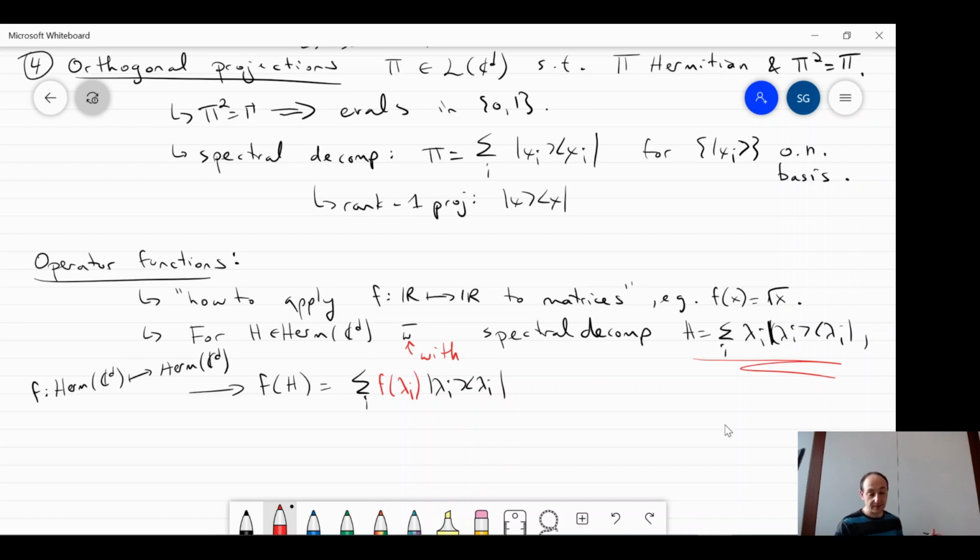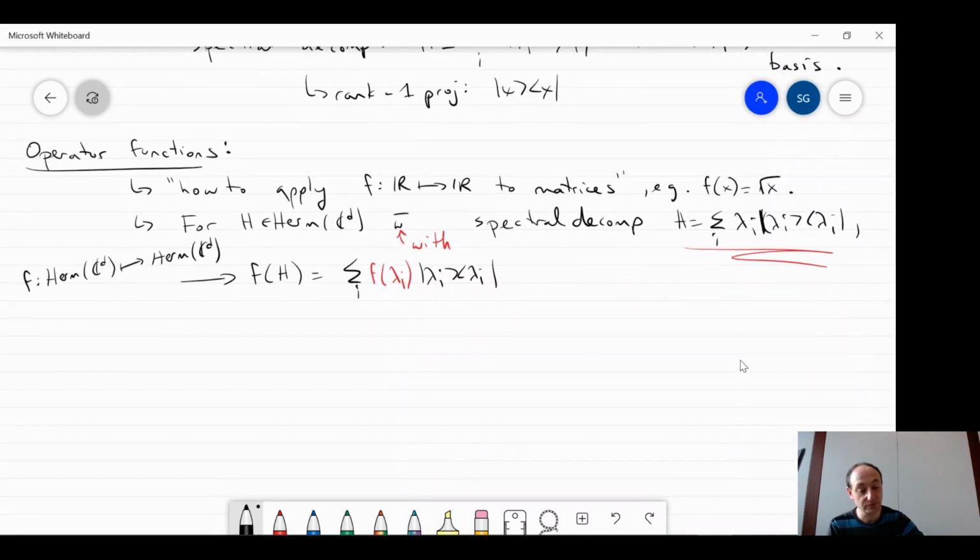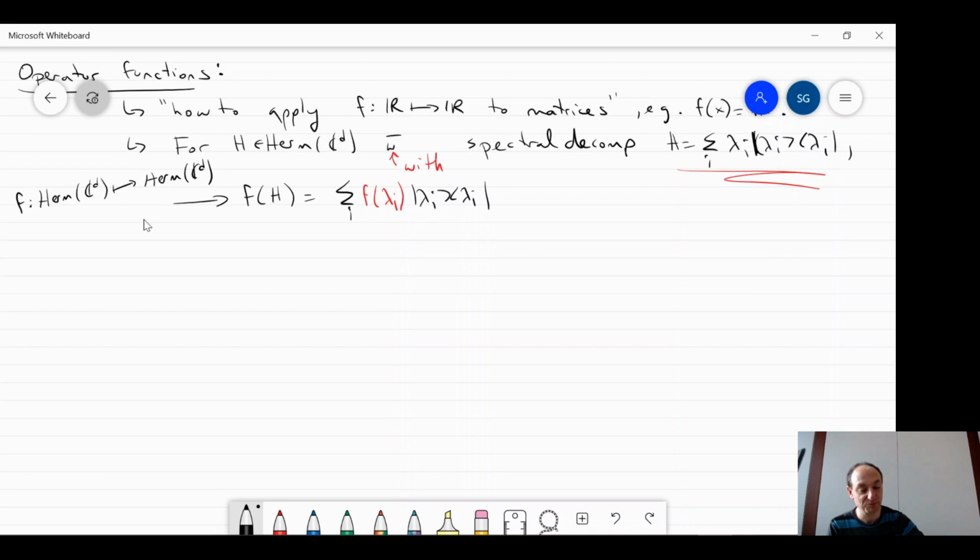Okay, so in the notes, I do remind you why this is a meaningful definition and why it does what we want. In the interest of time, let me just get you to prove to yourself that if I consider f of H to be e to the H, right?